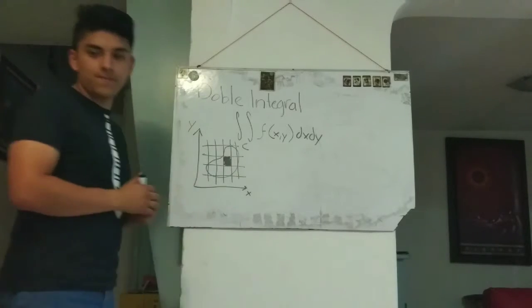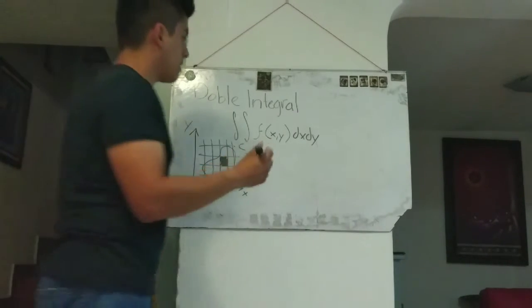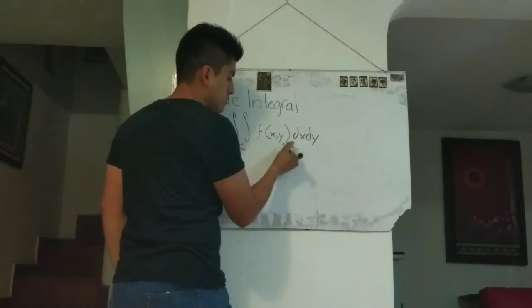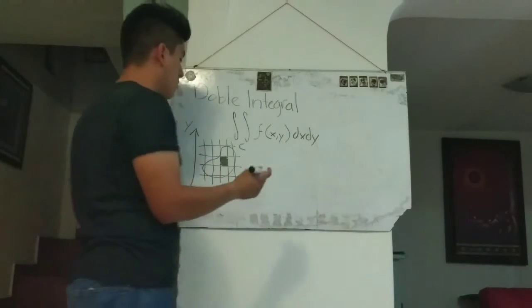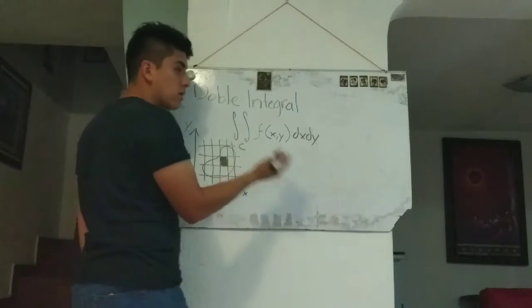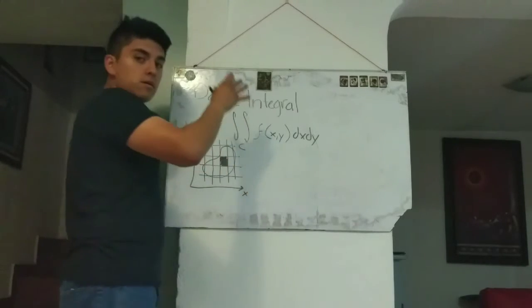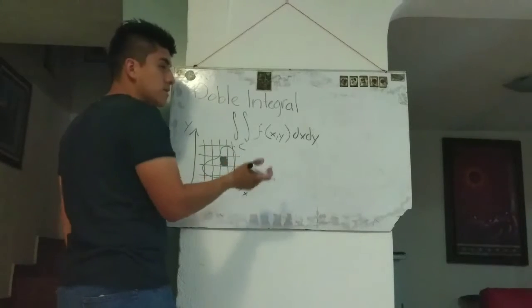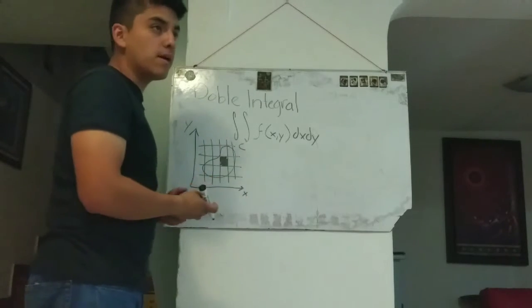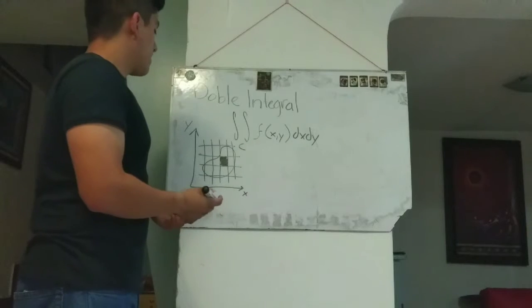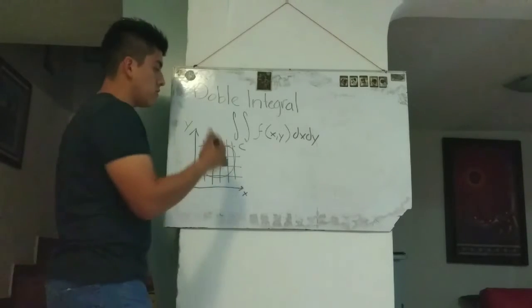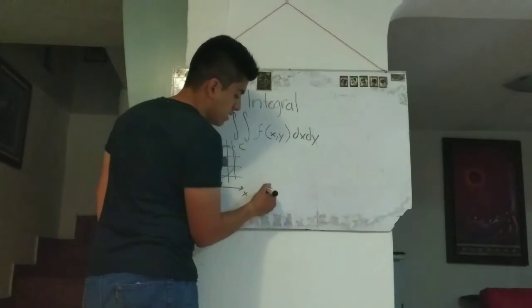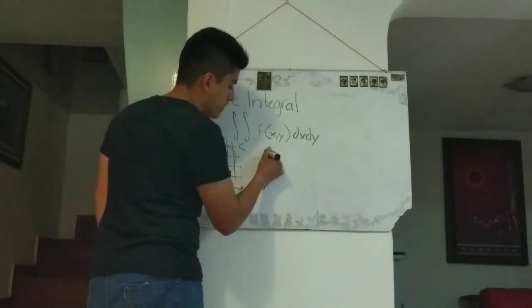So we have that f is going to be continuous in our curve, but this time it is not just a curve. The double integral means that our object is bounded by many finite curves. So it's not only a curve, like we saw in the last example.